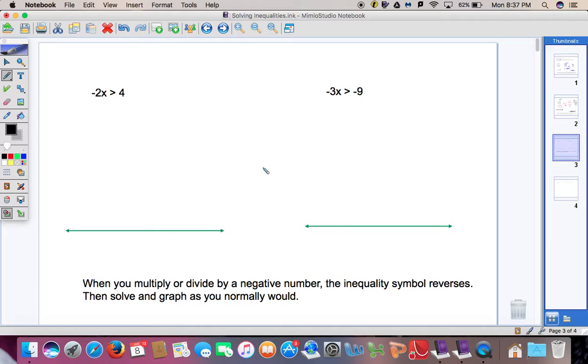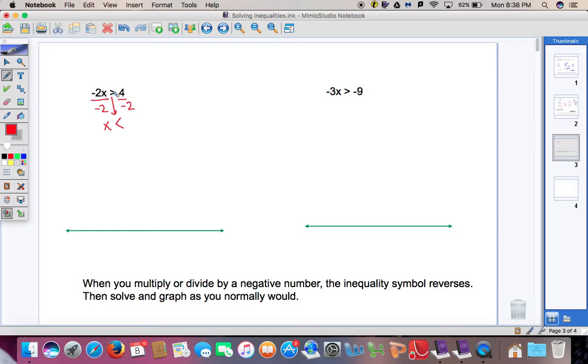It's not exactly the same as solving an equation. So when you are multiplying or dividing by a negative number, the inequality symbol is going to change direction. So negative 2x is greater than 4. If I divide both sides here by negative 2, I have x, and because I divided by a negative, this symbol is going to reverse.